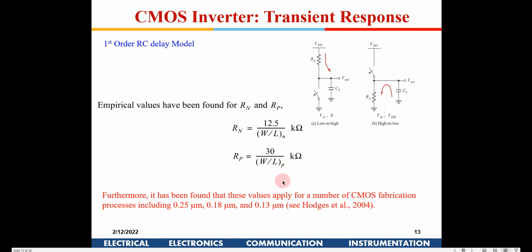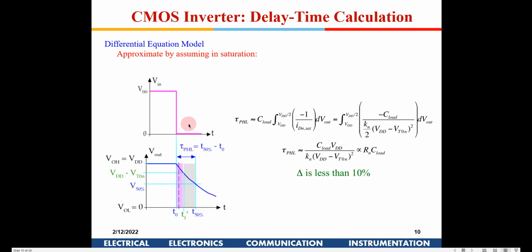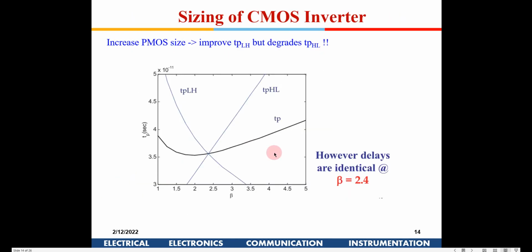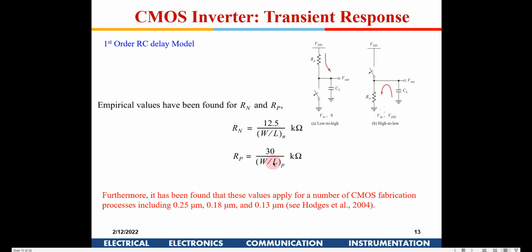It has been found that once you do the computation using these formulas, the RP and Rn values will come out approximately the same for these technology nodes, and that is the reason we can use these values of Rn and RP. So these are empirical values.